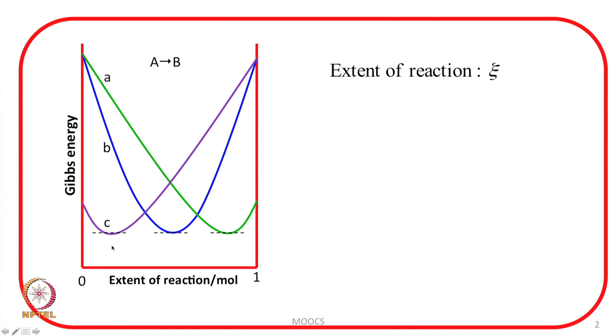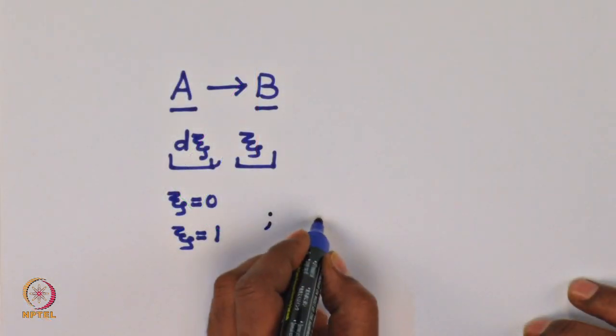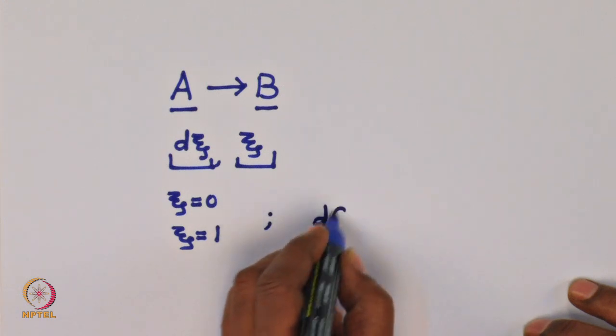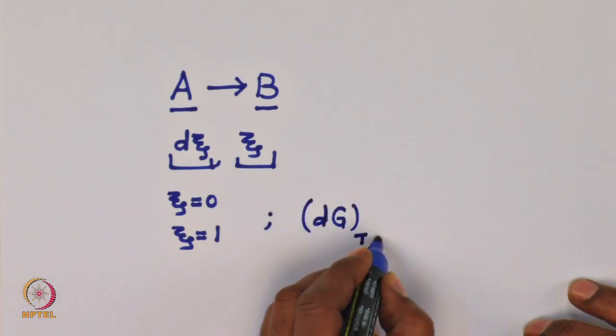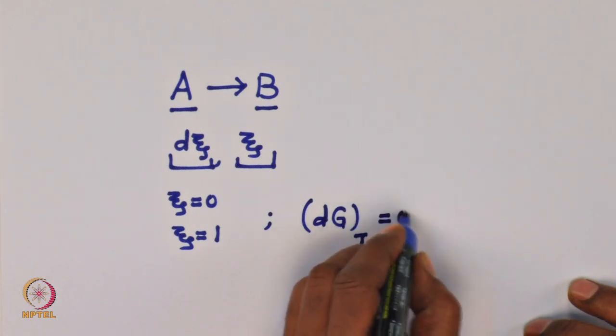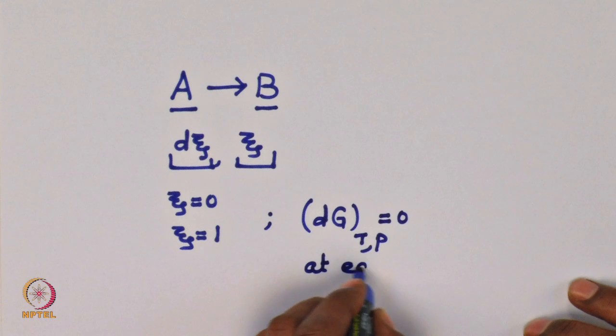And in fact, as you can see in all the three cases A, B and C, there is a minima in each case. So, what we have is Gibbs energy plotted against extent of reaction. Let us recall our earlier discussion, we wrote that dG at constant temperature and pressure is equal to 0 at equilibrium.